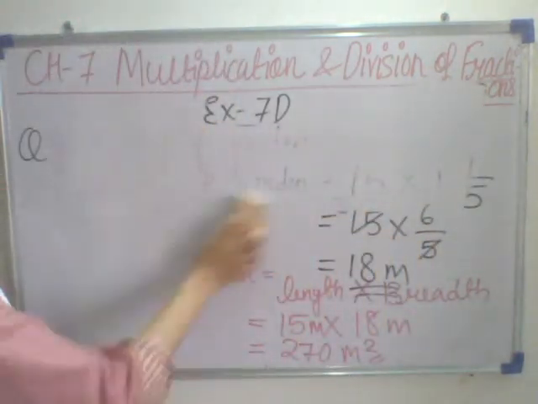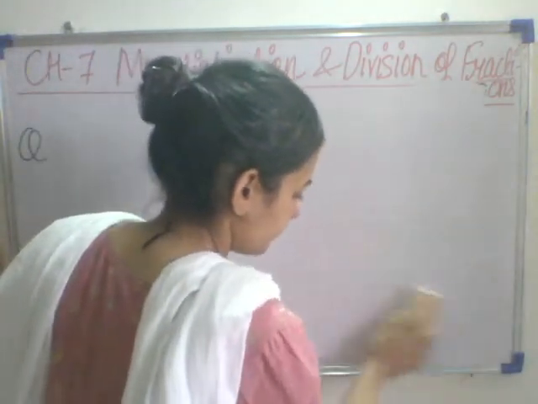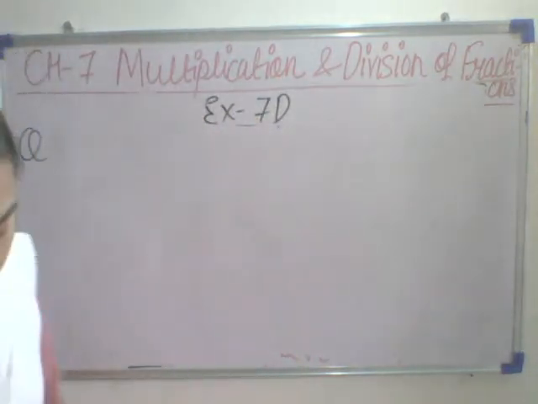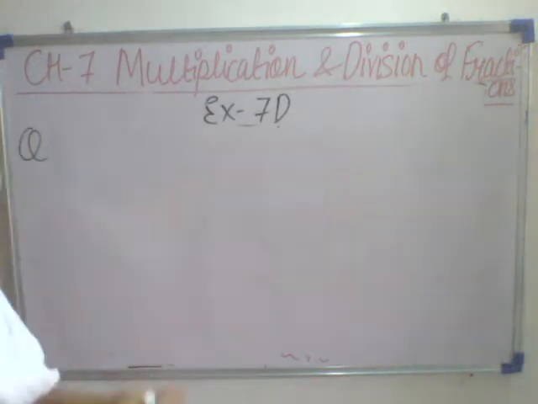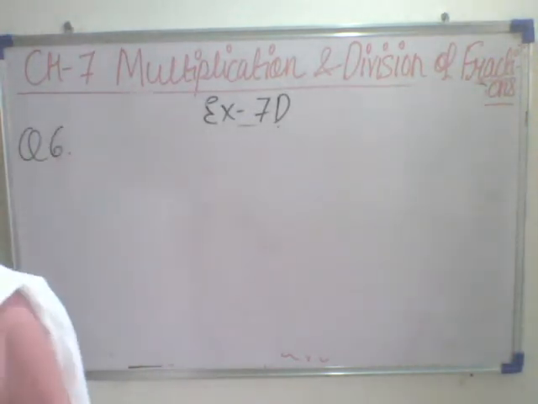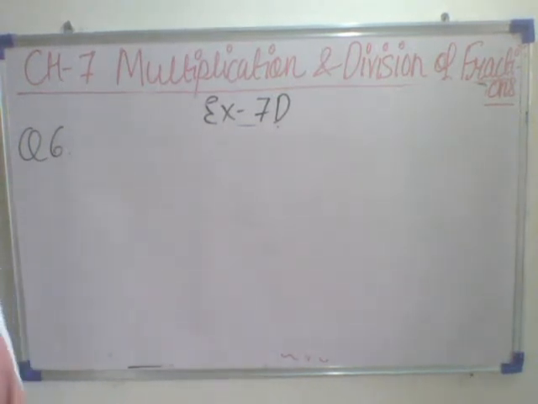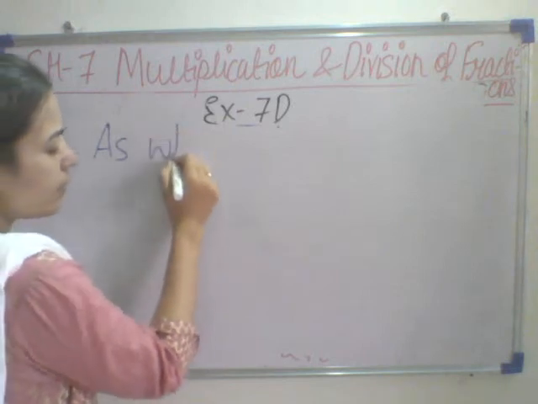We will be doing question number 6. Anjali uses 1/3 of a stick of butter in making sauce. So as a whole we can say how much butter is there? As a whole we can say 1.